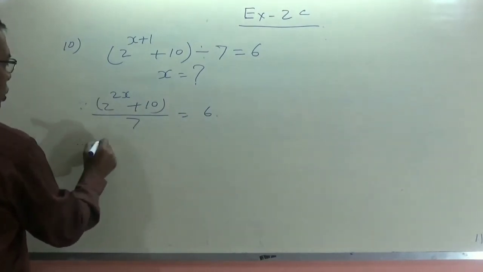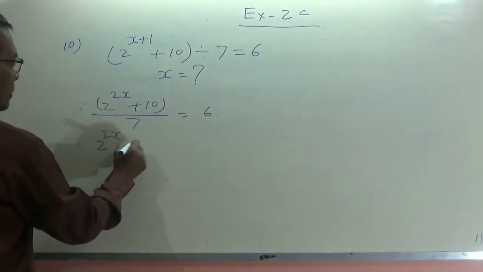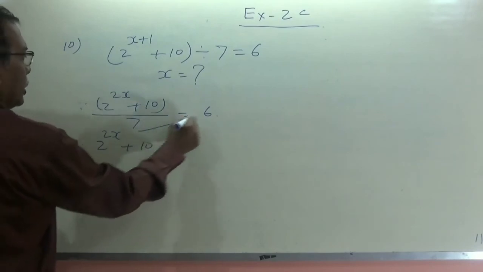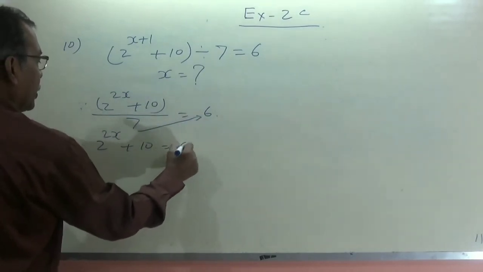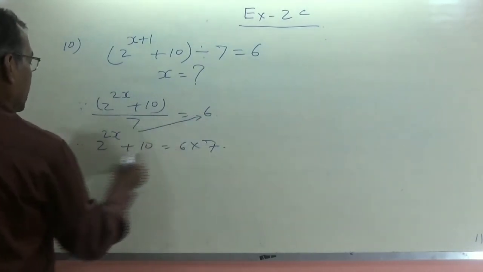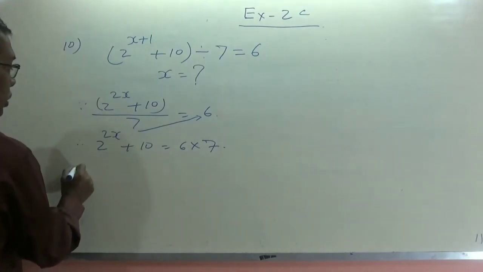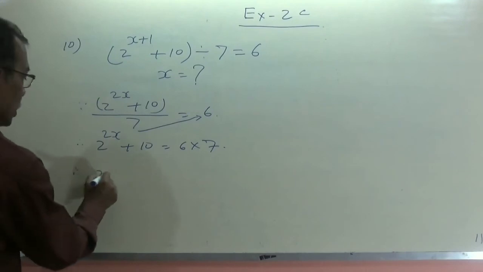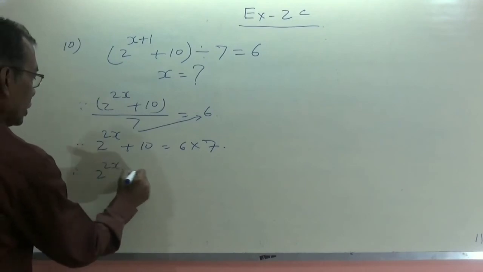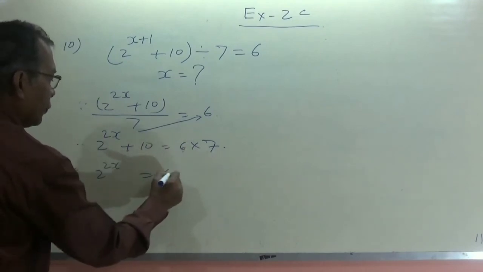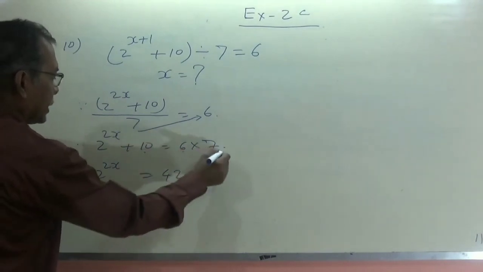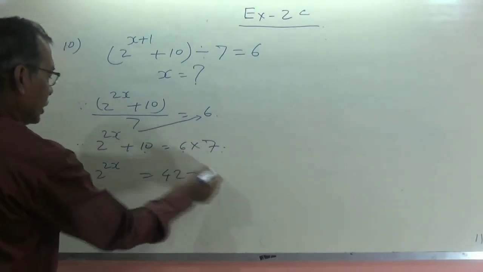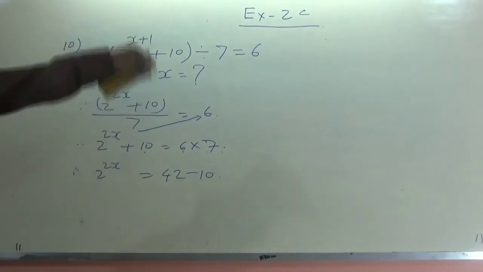Therefore 2 power 2x plus 10, now cross multiplication, this 7 is coming here, 6 into 7. Because it is an equation, the line should start with the therefore sign. 2 to the power 2x is equal to 6 7s are 42, and this minus 10 is coming here, I am writing that side.